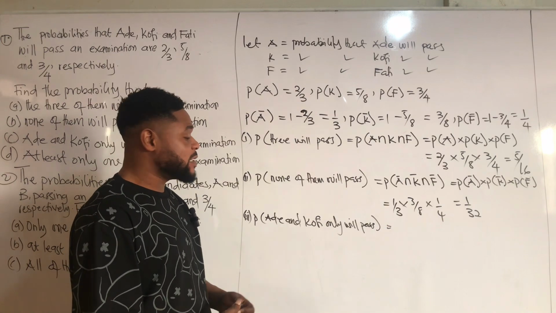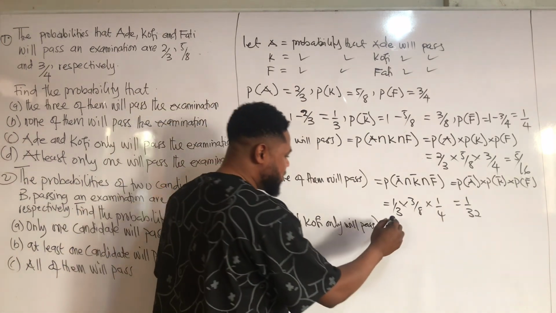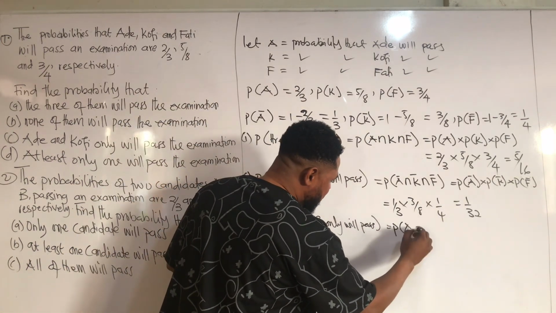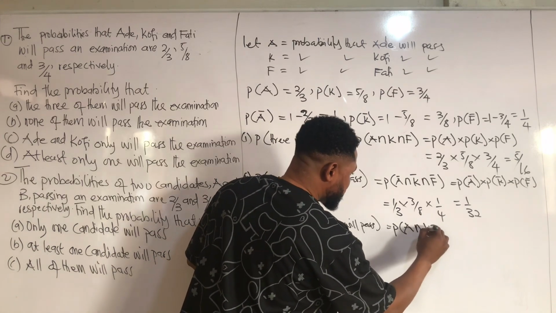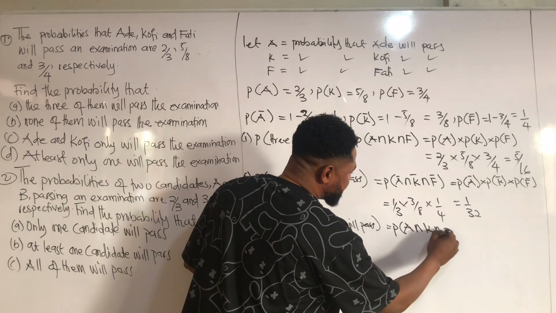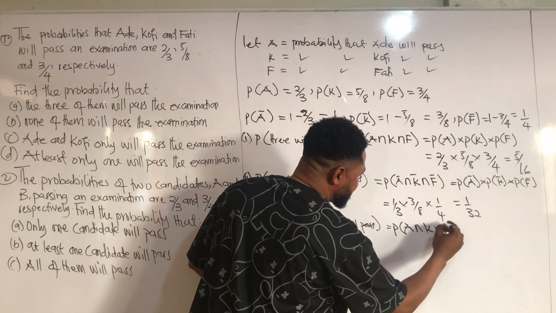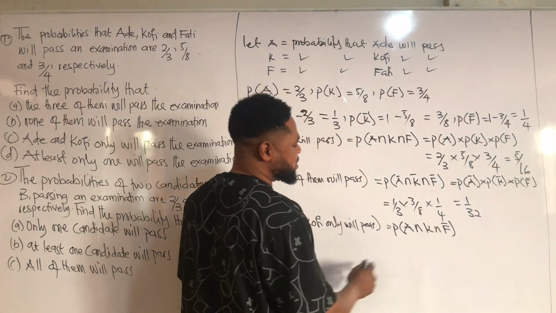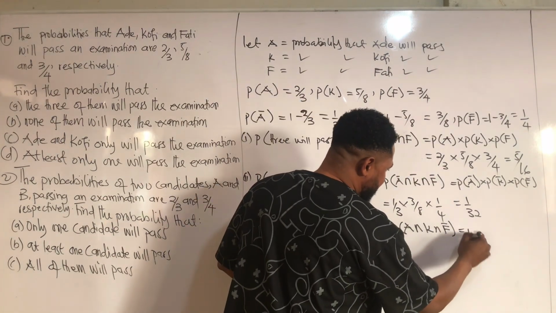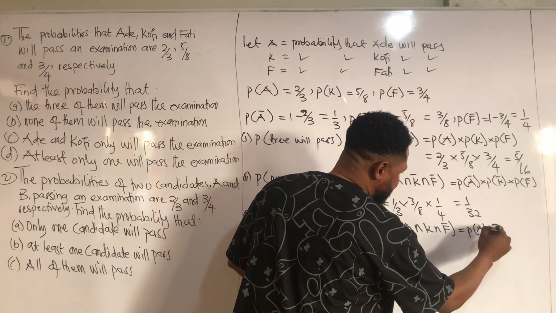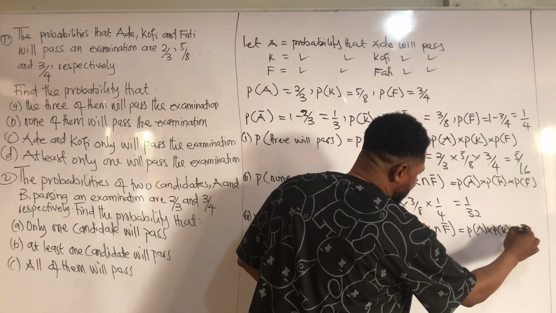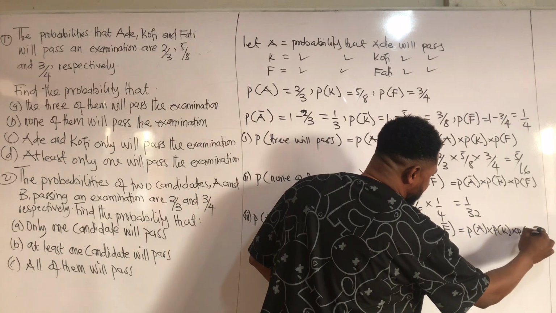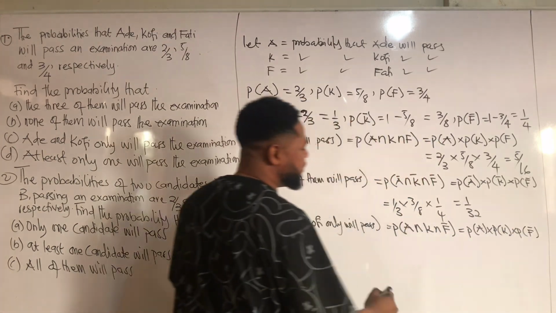So it means that Fatih will fail. So here we say probability that Ade will pass, intersection Kofi will pass, intersection Fatih will fail, as we can see. So we can also expand this as P of A times P of K times probability that Fatih will fail.